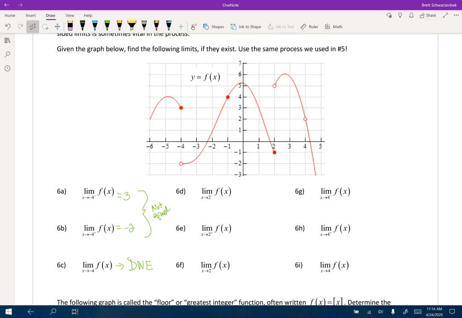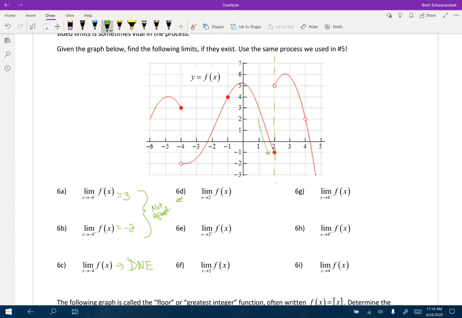So 6D here: the limit as x approaches 2 from the left side. Now we're moving over to the value 2 over here. If we're approaching from the left side, we have to find the curve that's on the left side. It appears that it's this one. As the curve approaches 2, when it reaches the end at 2, what's the height?